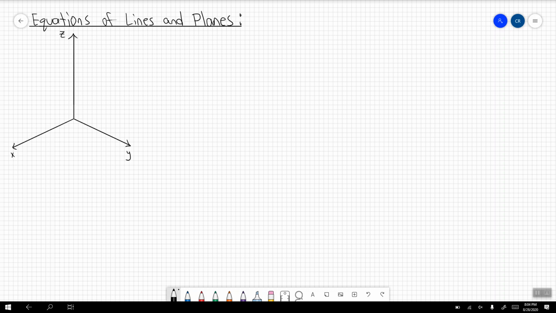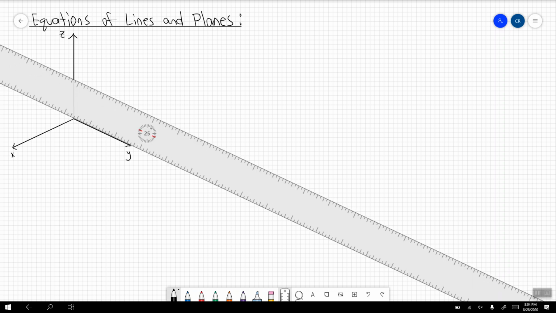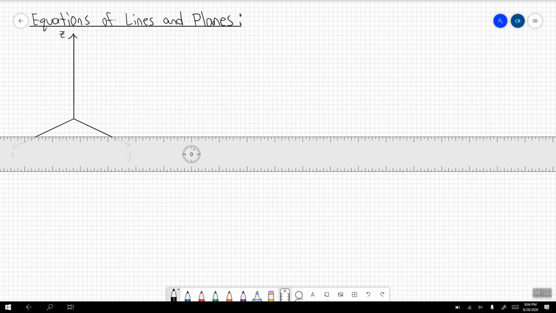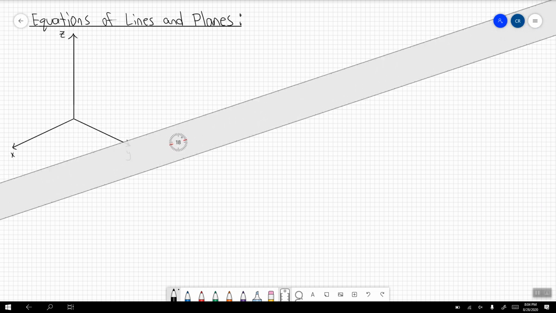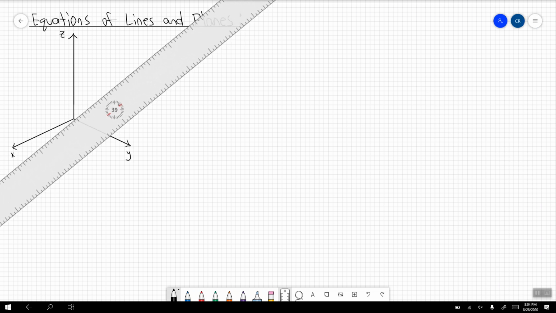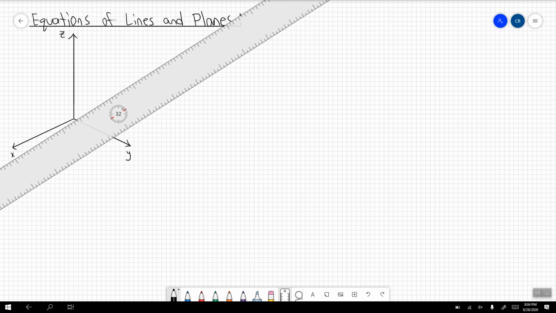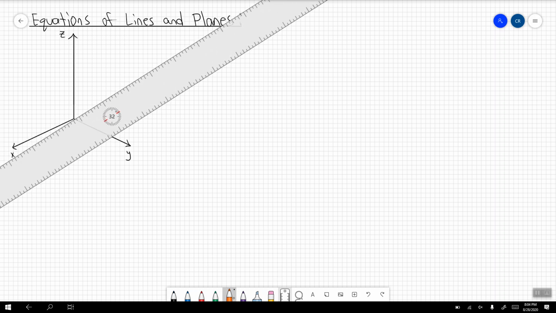To start off, I want to create a very basic line, a line in R^3 that goes through the origin of my coordinate system.